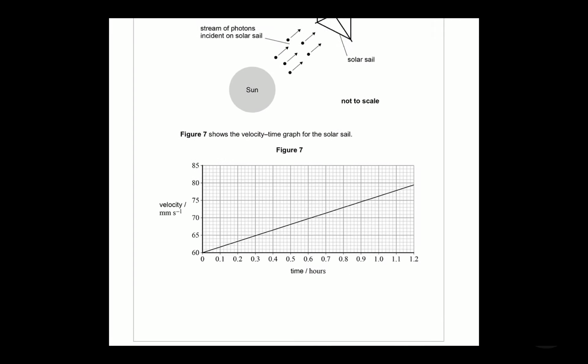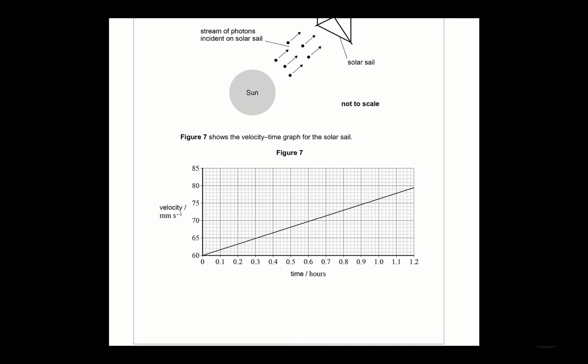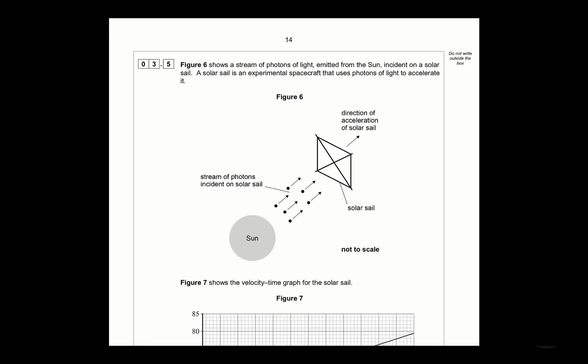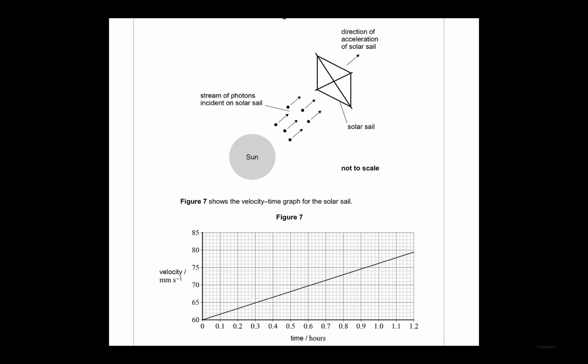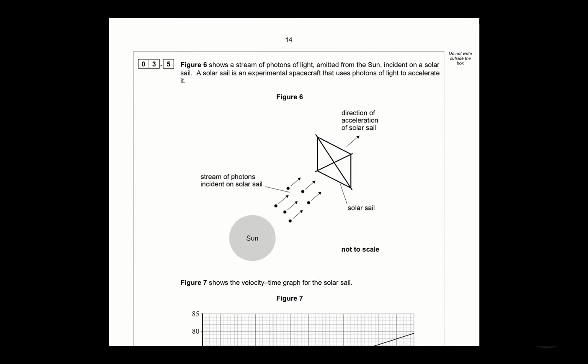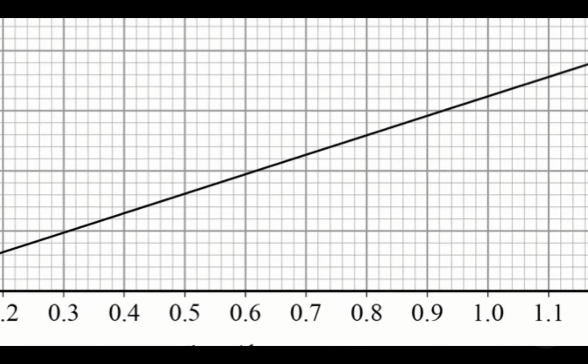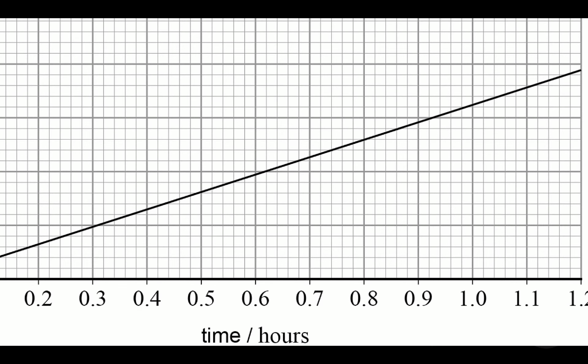So, velocity and time. Here we go. So we've got a velocity time graph for the solar sail. Calculate the acceleration in meters per second squared of the solar sail. Well, we've got a velocity time graph, so let's do a gradient of a velocity time graph.